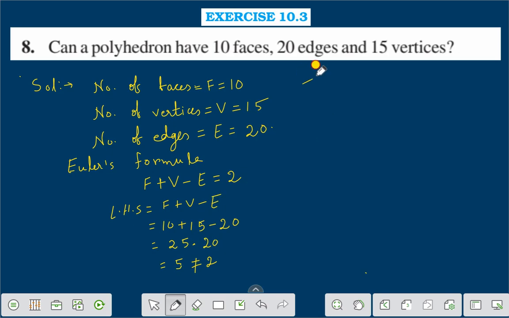Therefore, Euler's formula is not verified.